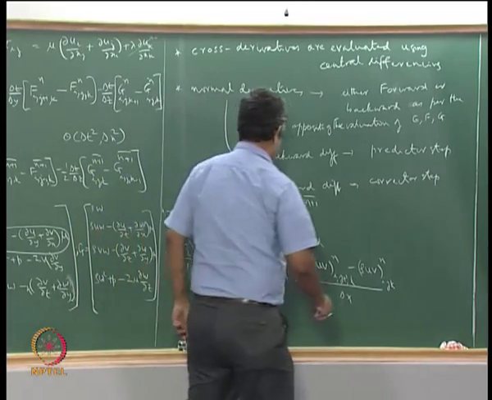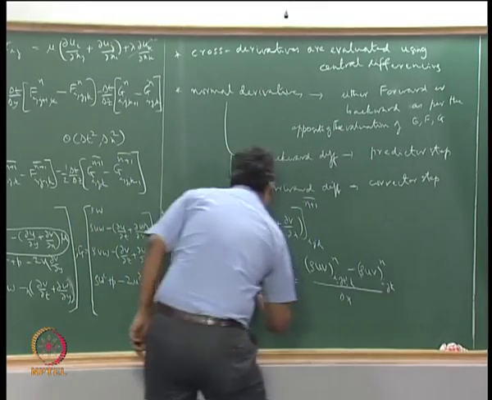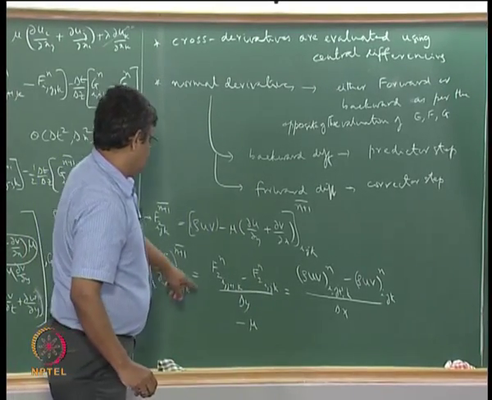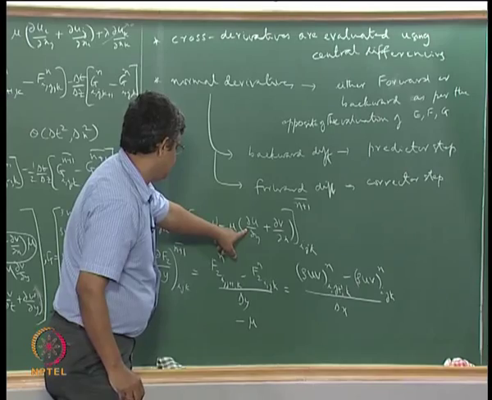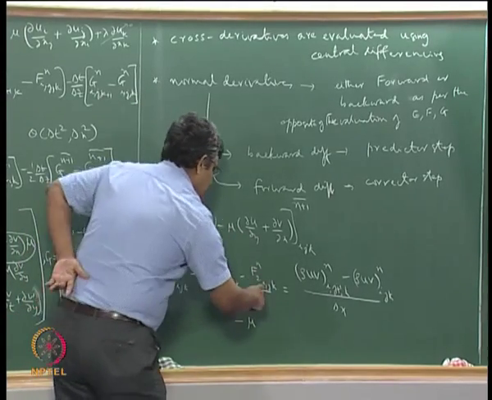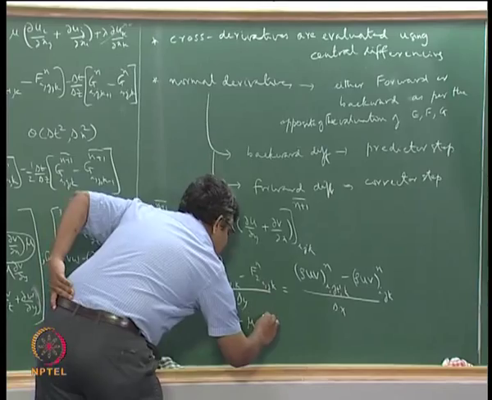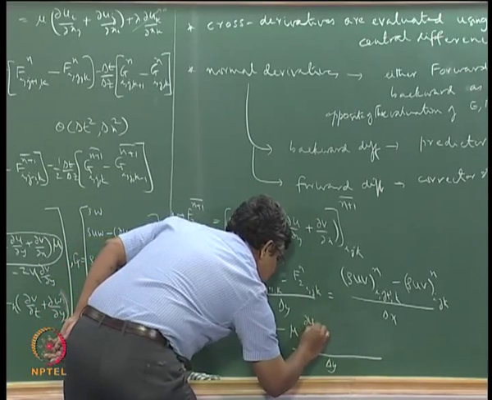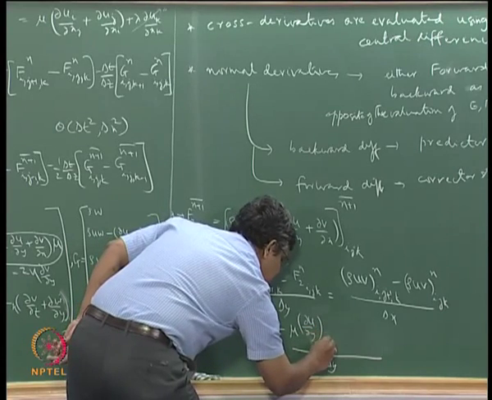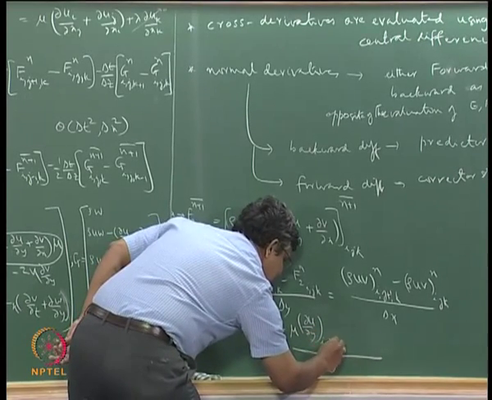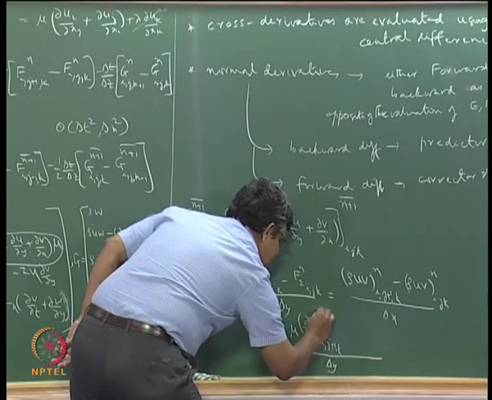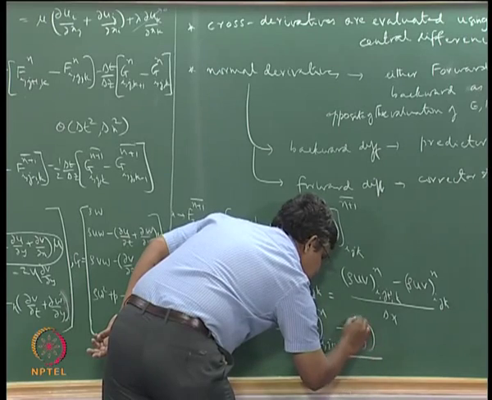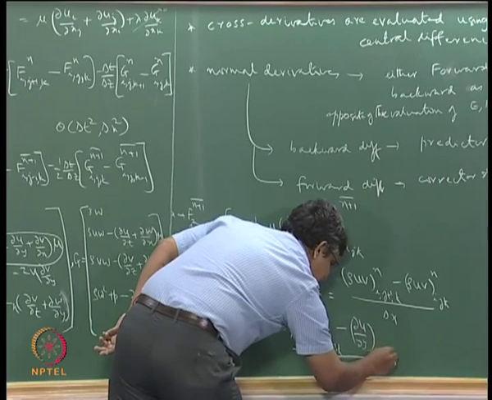So we can write this as, assuming that mu is constant, minus mu times, dou u by dou y at ijk using backward differencing would be, we will take the mu out and we can write dou u by dou y at i, j plus 1, k, n minus dou u by dou y at i, j, k, n.